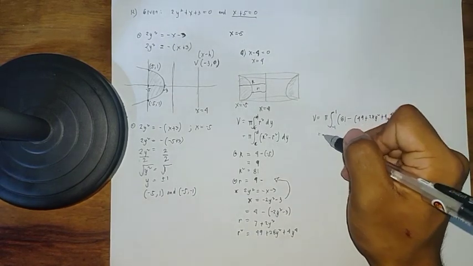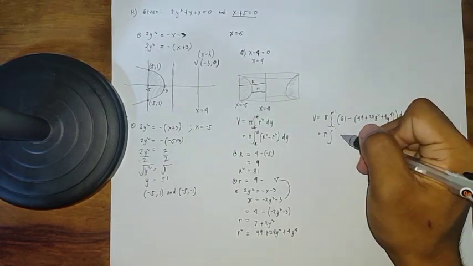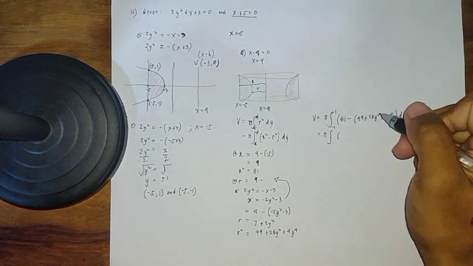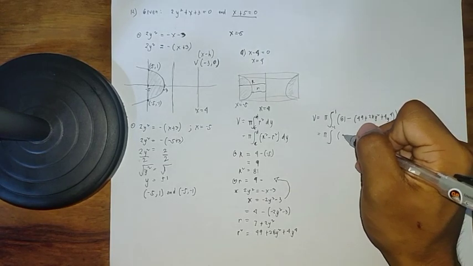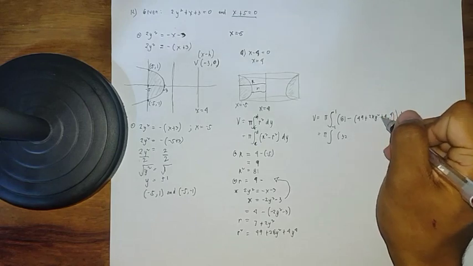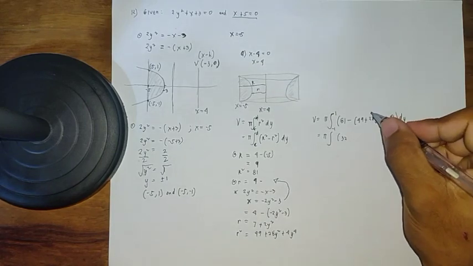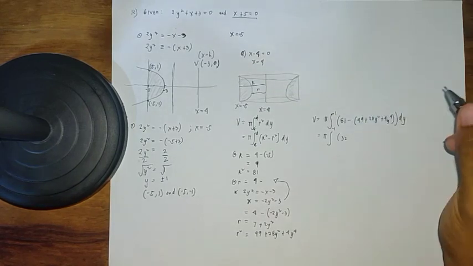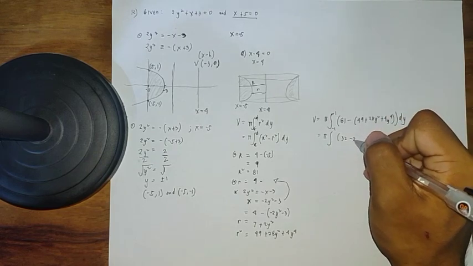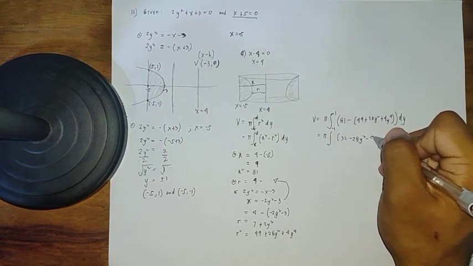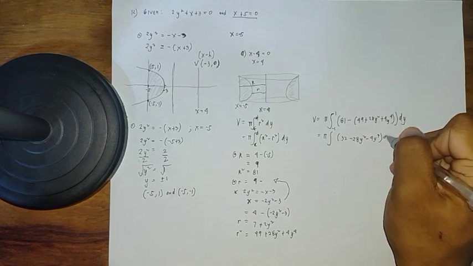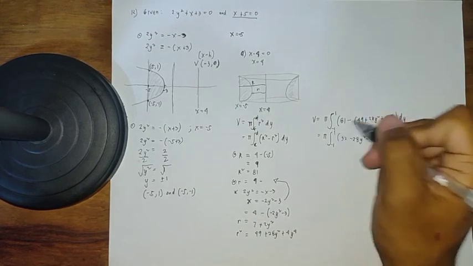Then, simplify. Pi is equals to integral of 81 minus 49 is 32, then distribute yung negative sign. So, magiging negative 28y squared minus 4y raised to 4 dy from negative 1 to 1.